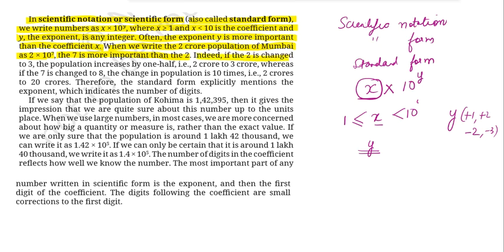Indeed, if the 2 is changed to 3, the population increases by 1/2, 2 crores to 3 crores. Whereas if the 7 is changed to 8, the change in population is 10 times, that is 2 crores to 20 crores. Therefore, the standard form explicitly mentions the exponent which indicates the number of digits.